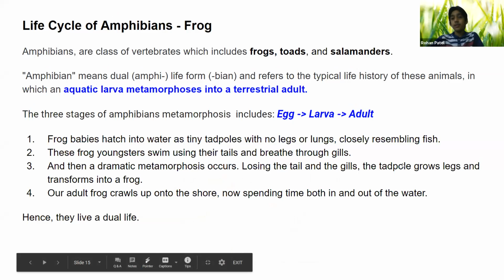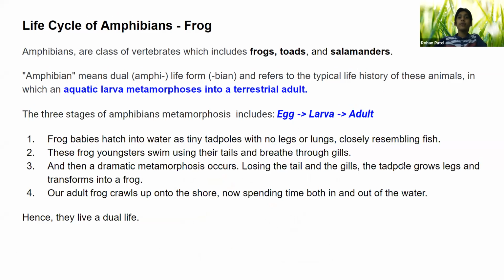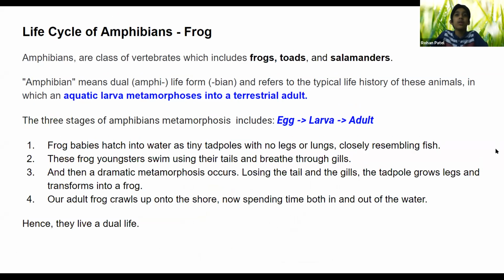Now we have amphibians, which include frogs, toads, and salamanders. So as we talked about in the amphibian lesson with vertebrates, we know that amphibian means dual life form and refers to the typical life history of these animals, in which an aquatic larva metamorphoses into a terrestrial adult.